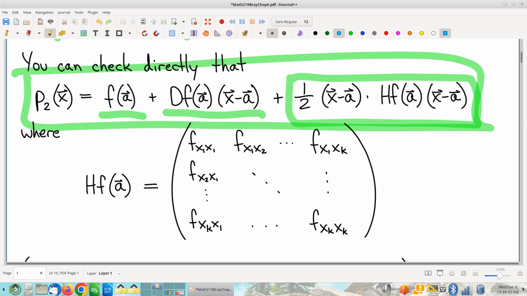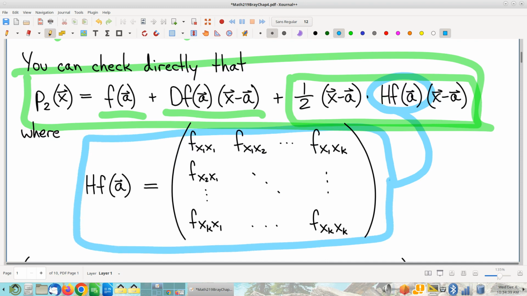And then, furthermore, playing the role of the second derivative, if you look at this matrix, it is just the matrix of all of these second partials. So it's kind of a second derivative, if you will, kind of abusing the term, but not an unreasonable take.